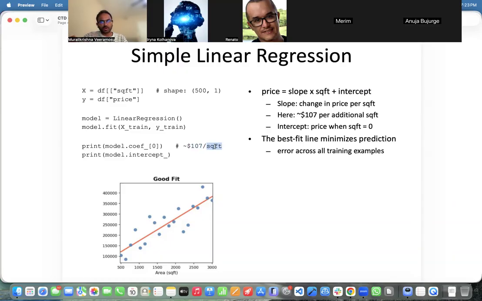For each increase in square feet, the price is going to increase by $107. That is what the weight means. And the intercept here is taken as 0, right? Are there any questions on this slide?